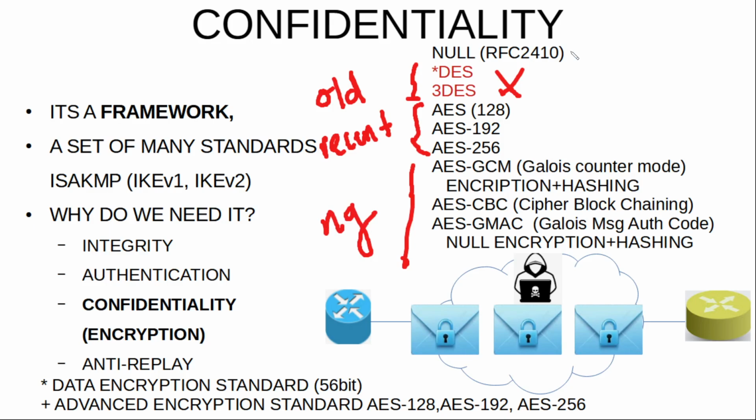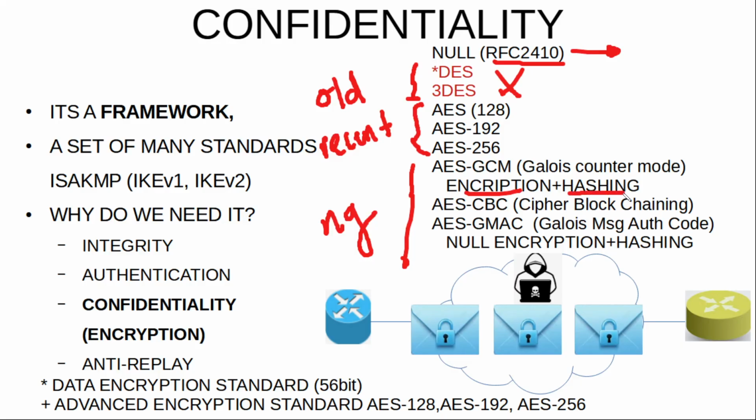Notice that you can also choose not to encrypt data. That is also a valid option for IPSEC. It is defined in this RFC, so you can choose not to encrypt data if you want. Coming back to this new generation set of encryption algorithms, we have Galois Counter Mode. This particular algorithm can perform encryption and can perform hashing.